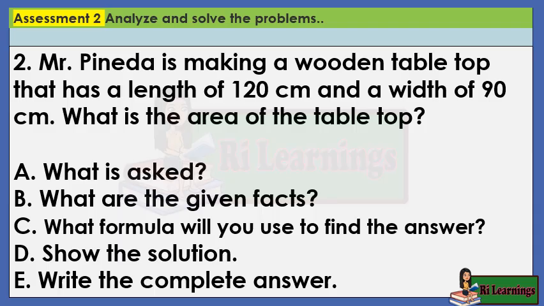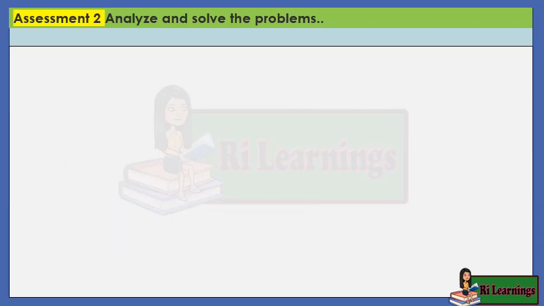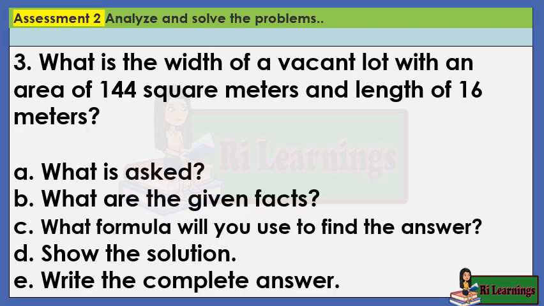What is the area of the tabletop? 3. What is the width of a vacant lot with an area of 144 square meters and length of 16 meters?